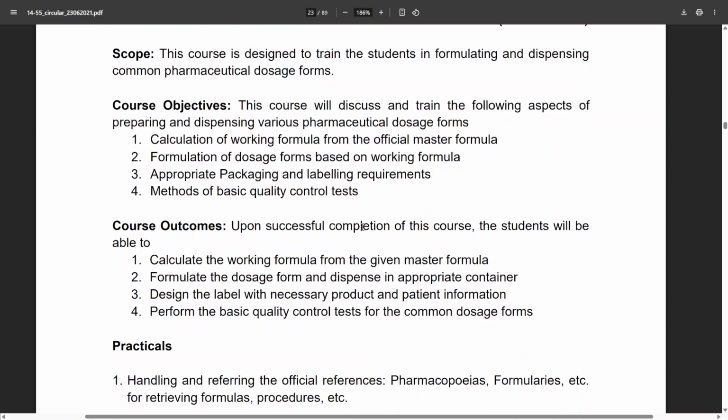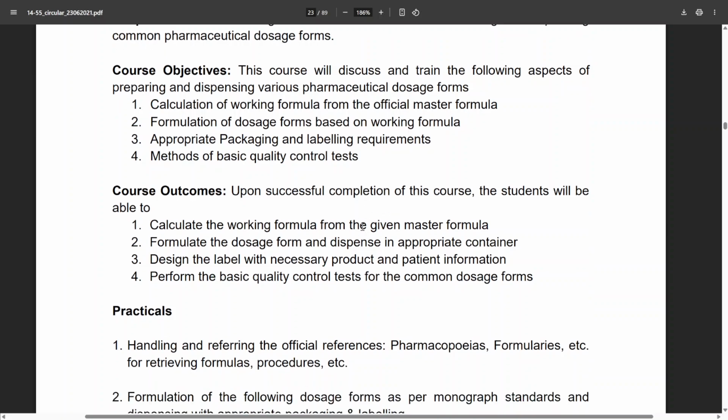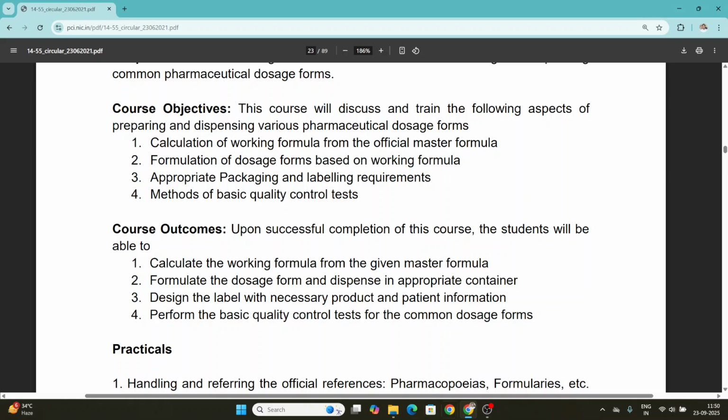So let's move ahead. Course outcomes. Upon successful completion of this course, the student will be able to calculate the working formula from the given master formula.